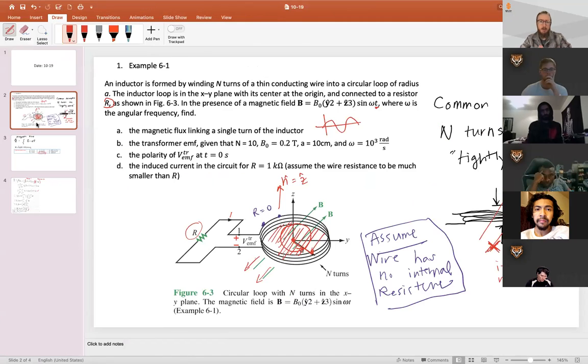In this case, we chose the dS to be in the positive z, and so our fingers curl in this direction, and you can see that our fingers curl from plus to minus. So that's how we're choosing the polarity of this V EMF. Does that follow? Do you understand why this is important?